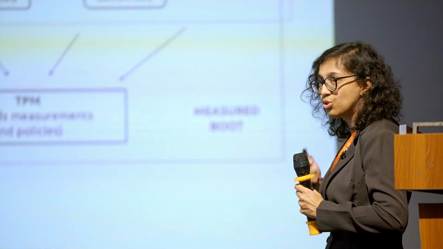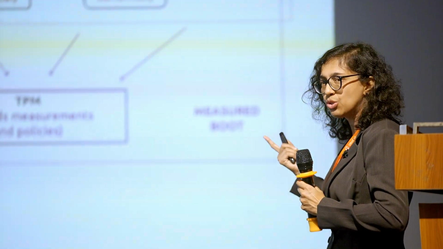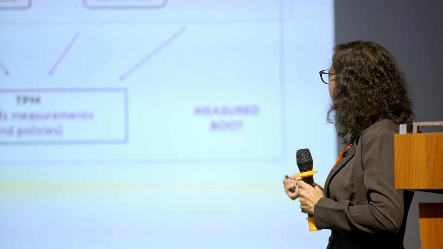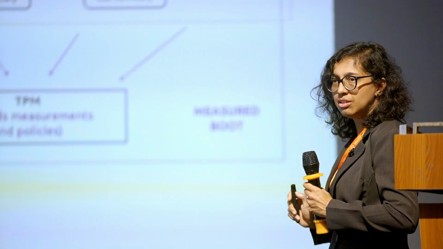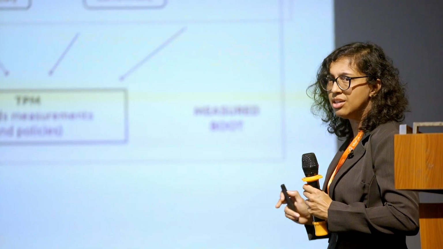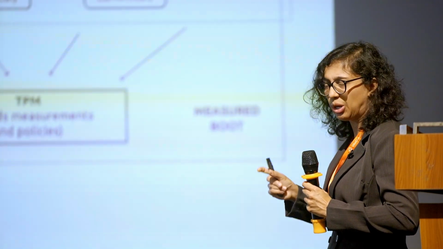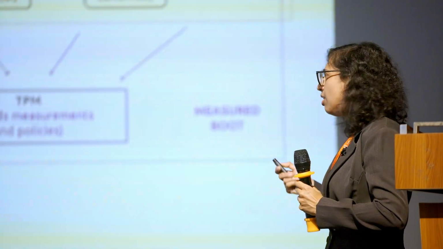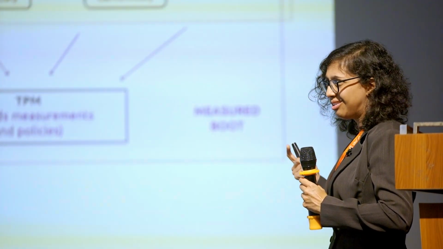So that secure network server can ask, tell me what modules you have inside, and that will give you these measurements. And are you giving me the correct measurements? Well, the TPM says I have signed it, and the TPM is again this secure hardware thing, which we are going to believe. So you get this report.